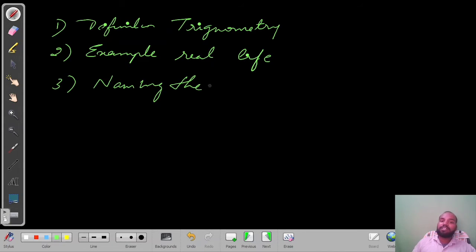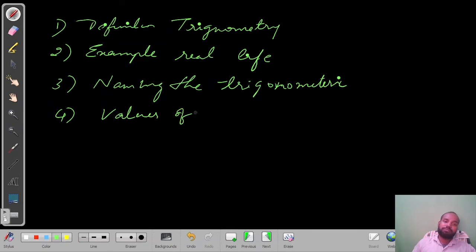Naming the trigonometric ratios. Then, after naming the trigonometric ratios, the values of some important angles.